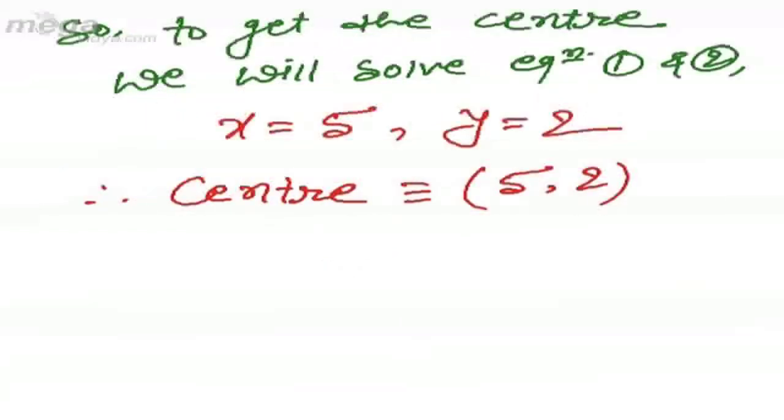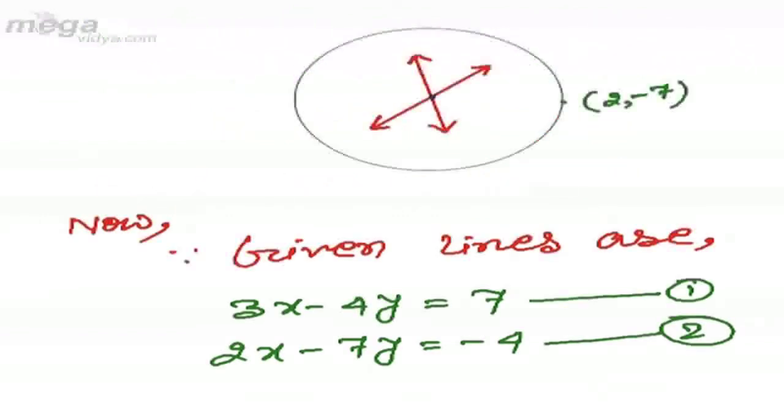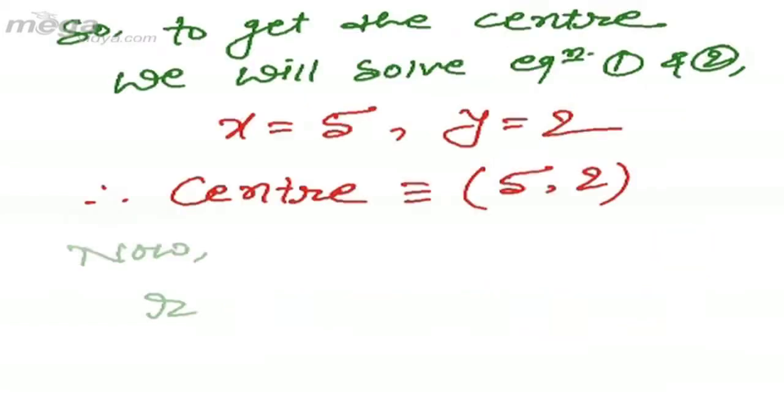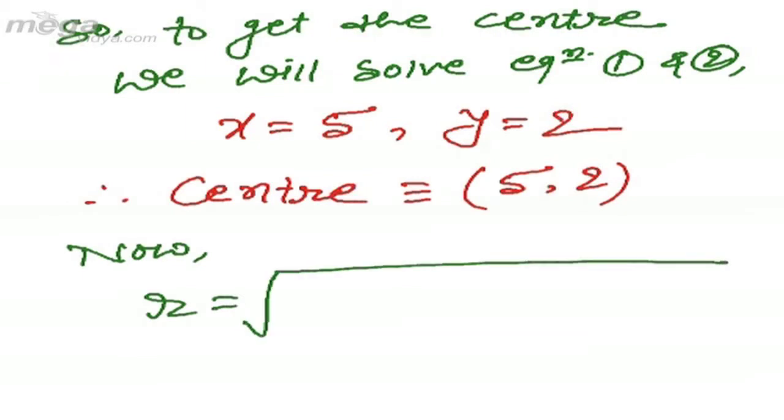To get the radius, we'll use the other condition, which says the circle is passing through the point (2, -7). So the distance between the center and the point will be the radius. Now we'll find the radius, which is root under the distance between (5, 2) and (2, -7).